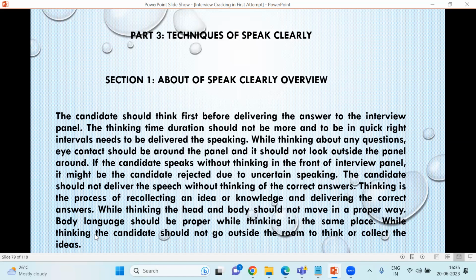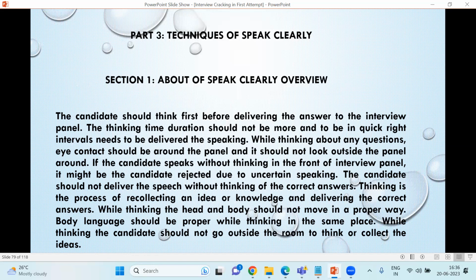While thinking, the candidate should not go outside the room to think or collect ideas. So in this Section 1, we are basically talking about the thinking process during the interview panel.